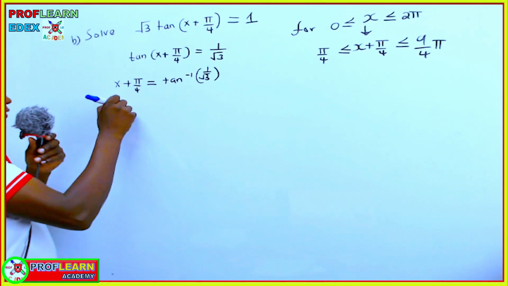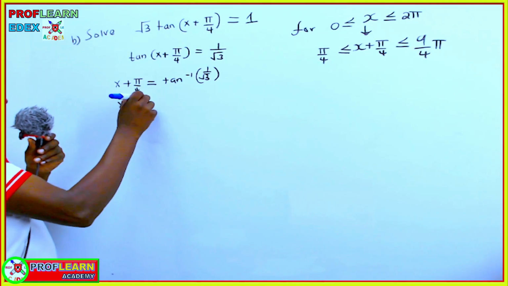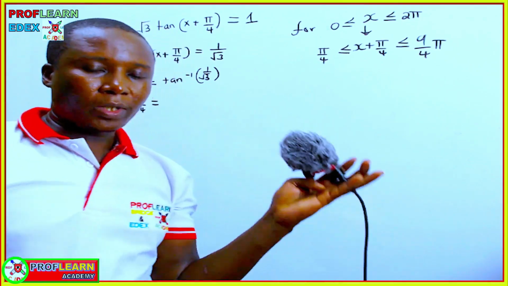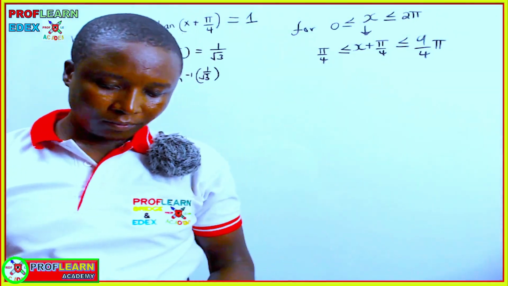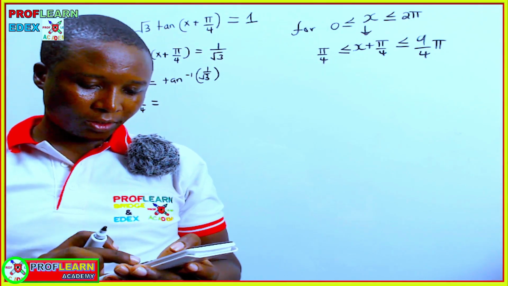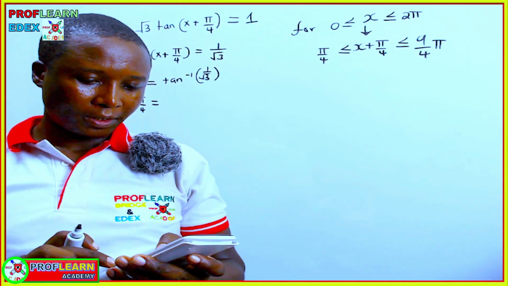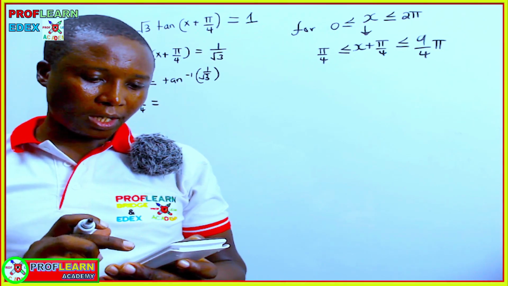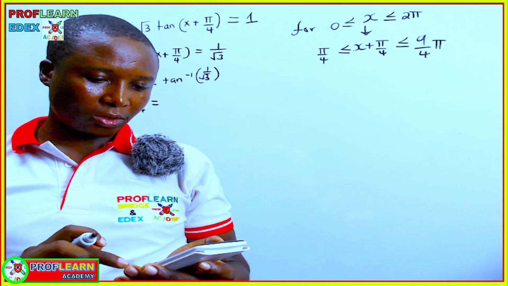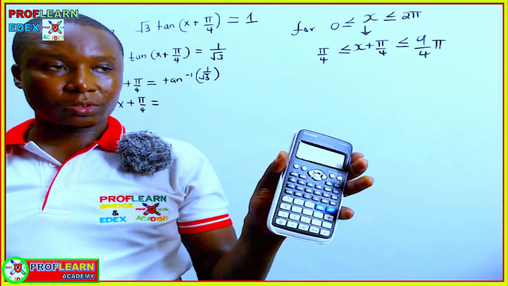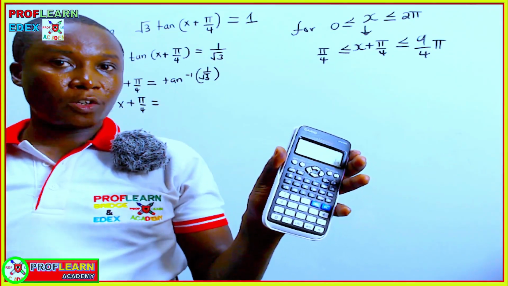If I want to find the tan inverse of 1 over root 3, remember your angle should be in radians so that you can get the correct answer. If I work this out, I get my answer being 1 over 6 pi.